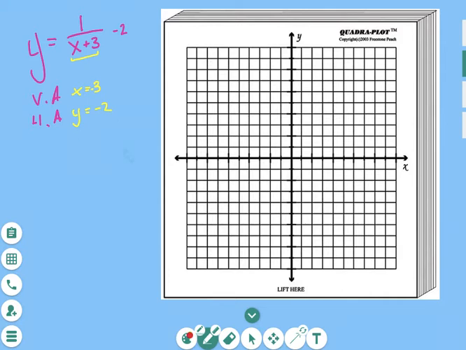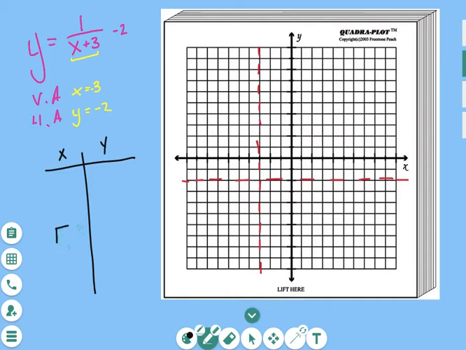So on my graph, I should have a vertical asymptote, and I like to draw these in first because, like I said, it splits the graph into kind of 4 regions for us. So vertical asymptote at -3, horizontal asymptote at -2. Once I've got those two in place, I can start to put together the rest of it.